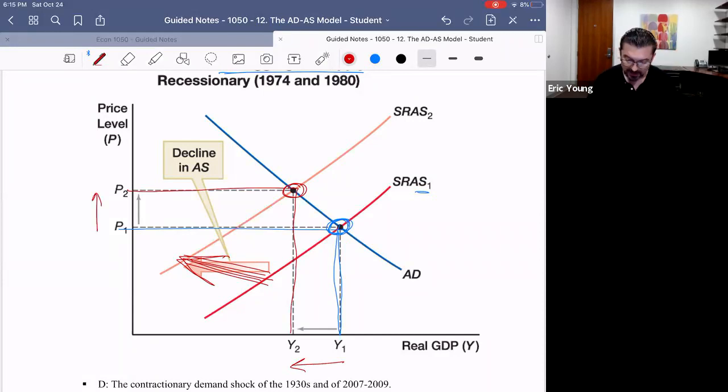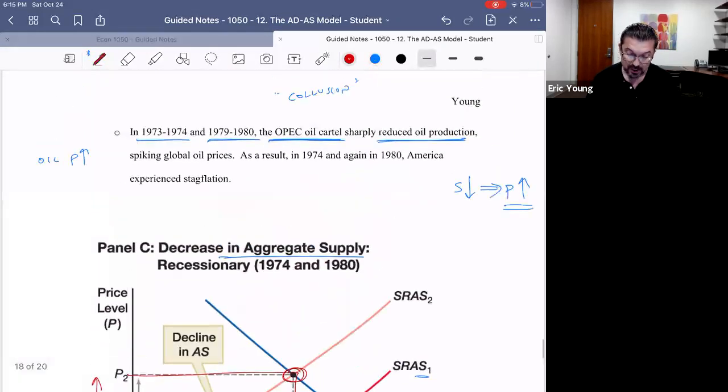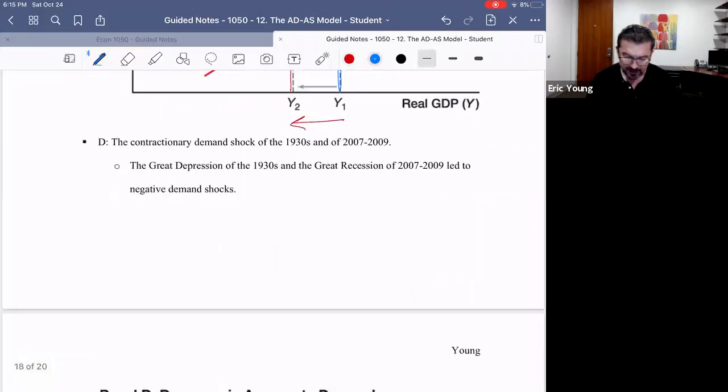A double whammy that hit America actually twice in both 1974 and 1980 when we experienced stagflation. Okay. And then finally, well, actually, there's one more, two more. We saw in both the 1930s and again recently in 2007, 2008, and 2009, a contractionary demand shock.